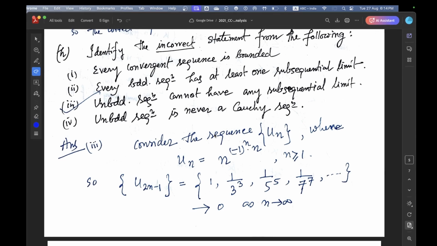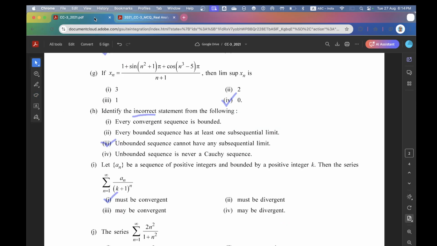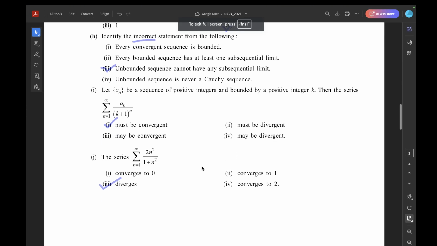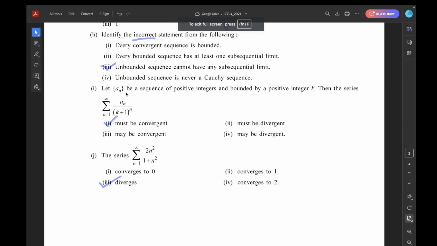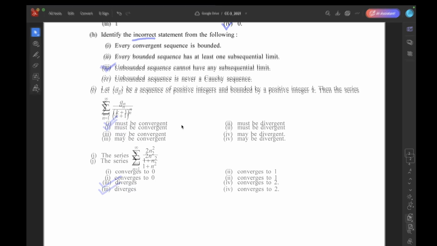Next question. Let a_n be a sequence of positive integers bounded by a positive integer k, and then the series summation n equal to 1 to infinity a_n divided by (k plus 1) to the power n. Correct option is 1, must be convergent.